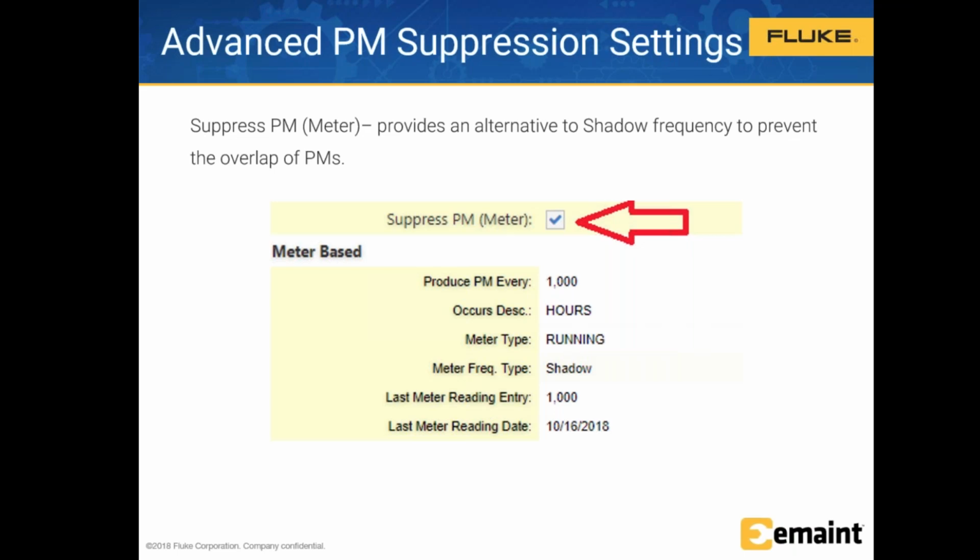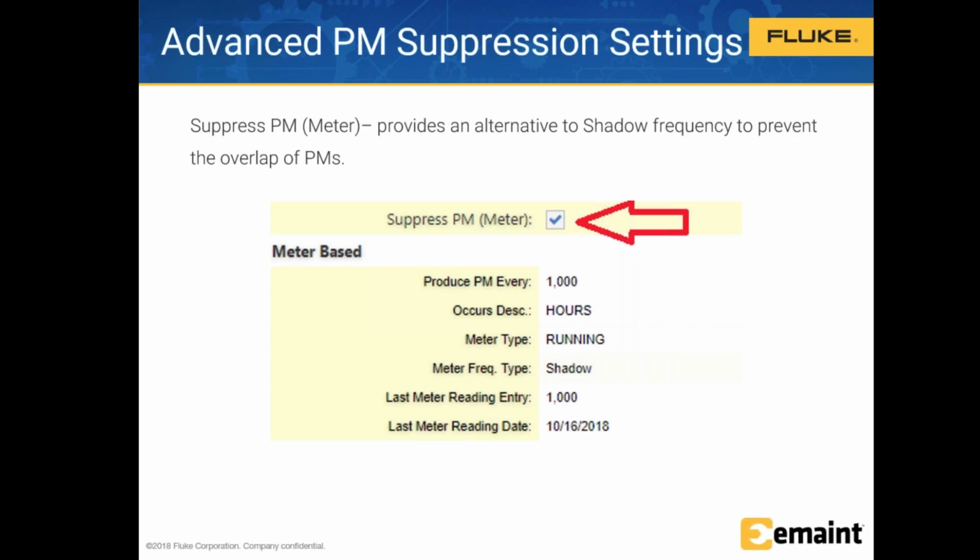Well, the vehicle is currently out of state, and the guy who's driving the vehicle is still sending in the meter readings. Let's say it's been a couple of months, and we've now incurred over another 5,000 miles on the vehicle. So the system would, based on the meter reading, want to generate another work order. And since we have the suppress PM meter turned on, set to true, the system is going to suppress that second PM from generating.